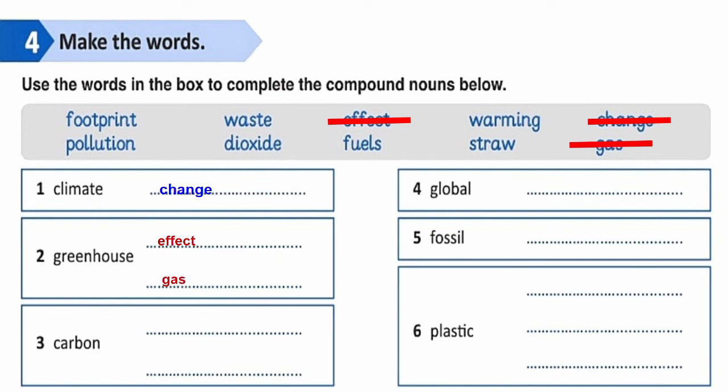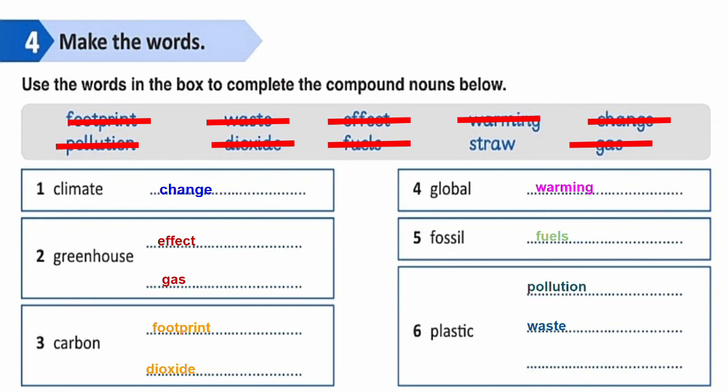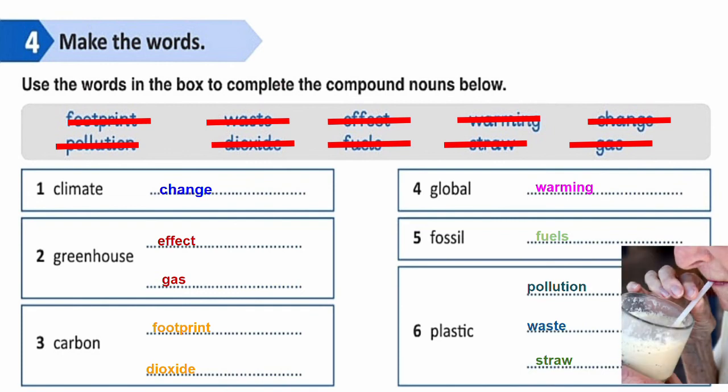Then we have carbon footprint or carbon dioxide, global warming, fossil fuel, plastic waste, plastic pollution, and finally plastic straw. A straw is an object that we use when we drink some drinks, like the picture shows.